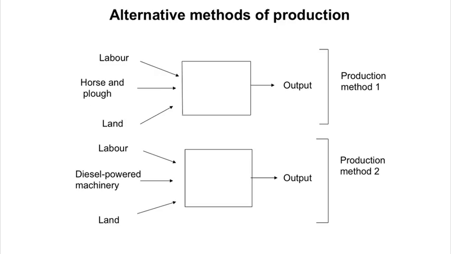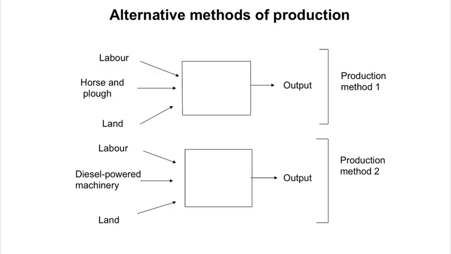You could have another much more modern method of production where the capital that you're going to use is diesel-powered machinery that's going to be used to plough the soil, put the seeds in, and eventually to harvest the wheat. And I'm thinking of these as different methods of production in the sense that they involve quite different decisions that have to be made about the production process.